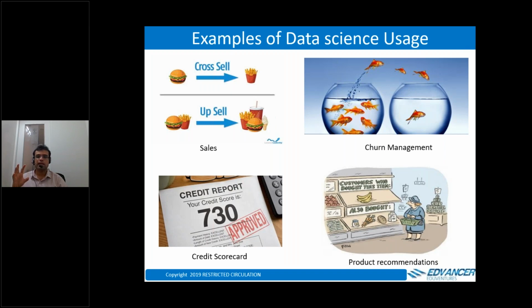Upselling is selling a higher value product to someone who has already purchased a lower value product from you, or maybe converting a free trial user into a paid user, right? So you can analyze all that data to figure out who is most likely to convert, and then convert out of those.